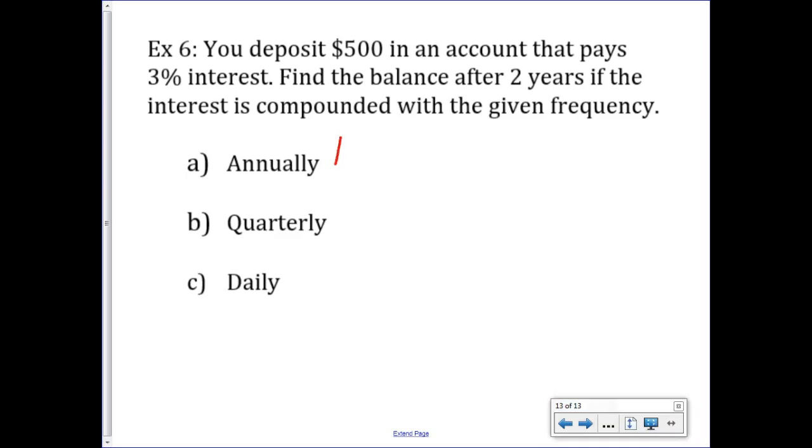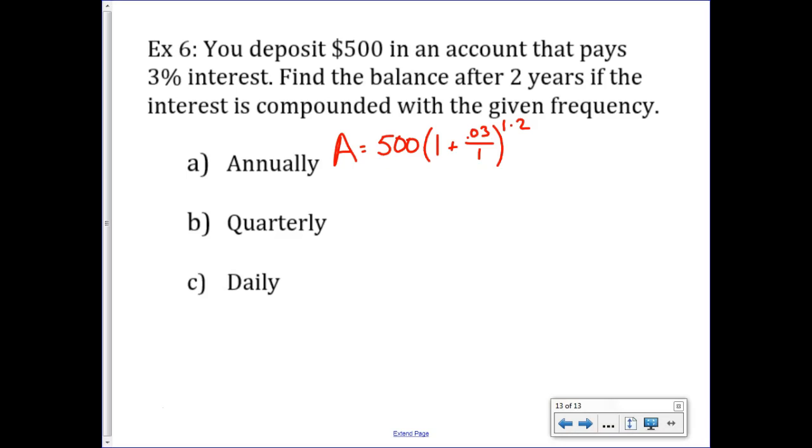So we want to find A if we put 500 in an account. We have 1 plus, and then our interest rate is 3%, so 0.03. We're compounding annually, so the number of times is once per year, and then 1 time per year times 2 years.